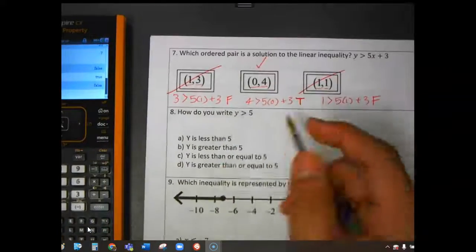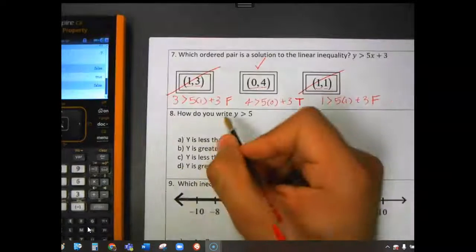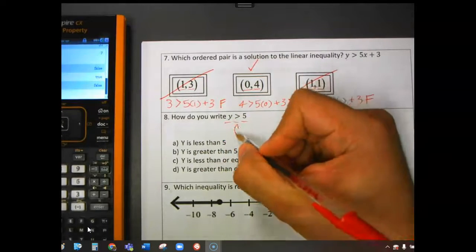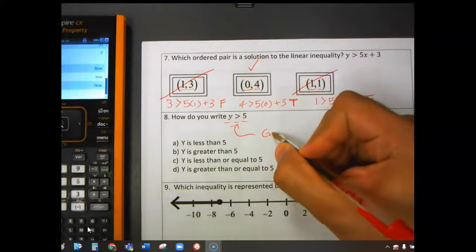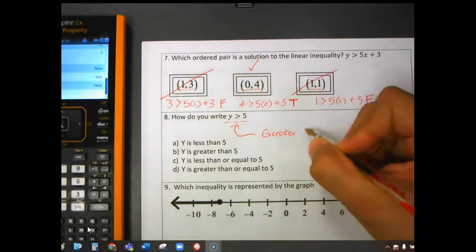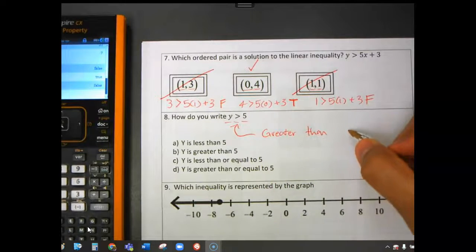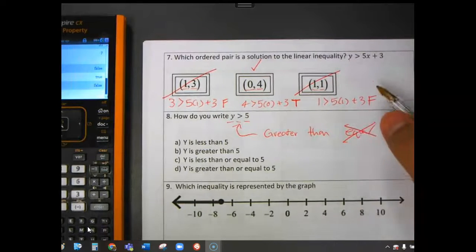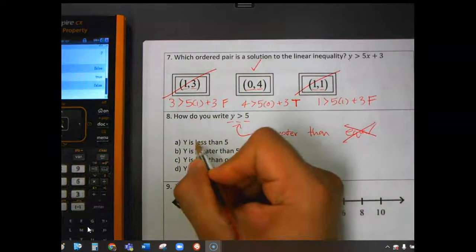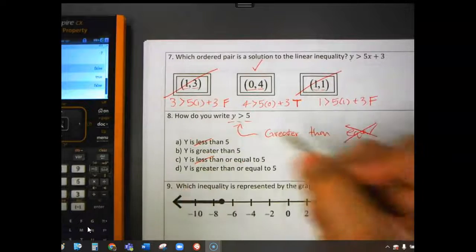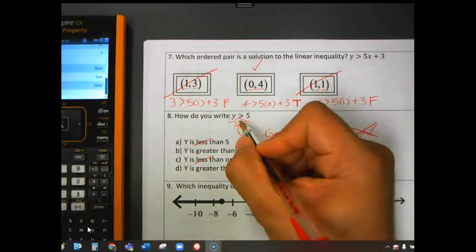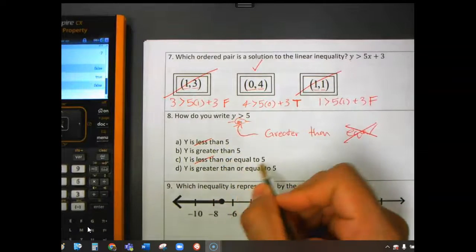Now, this one says, how do you write in words y and then this symbol 5? That is a greater than sign. And since it's not underlined, it's not equal. So it's not less, but it's also not underlined, so it's not equal.